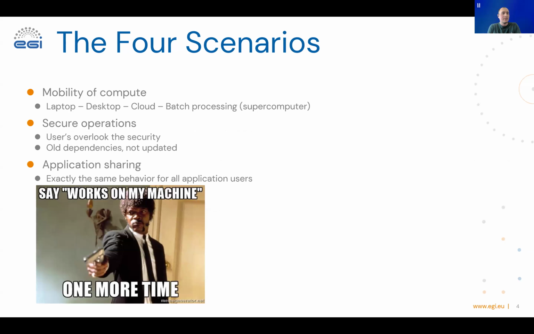The second one is that usually, if we are using such software, we require some kind of mobility of the compute, which means that if we are going to develop the software on our local computer with some kind of the dependencies, as I mentioned, so we will install some software that our software requires to be used.